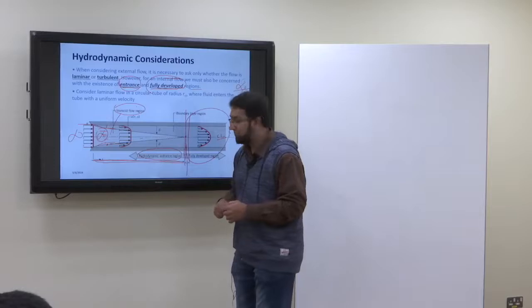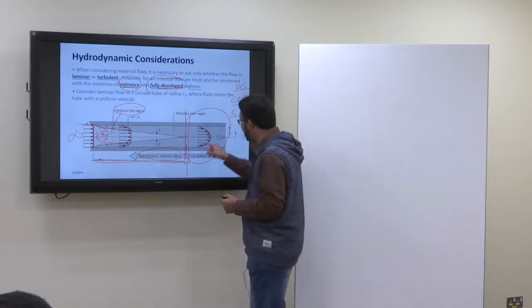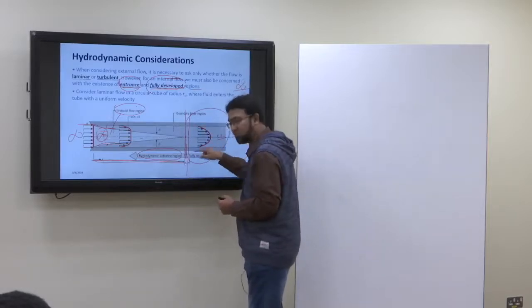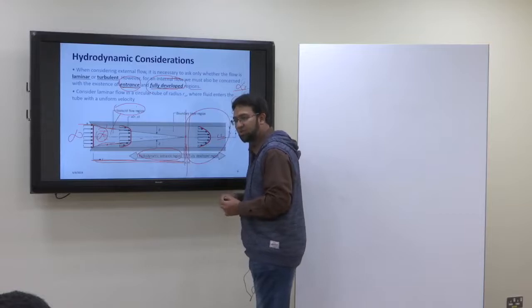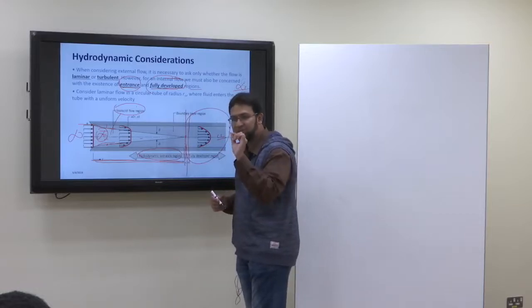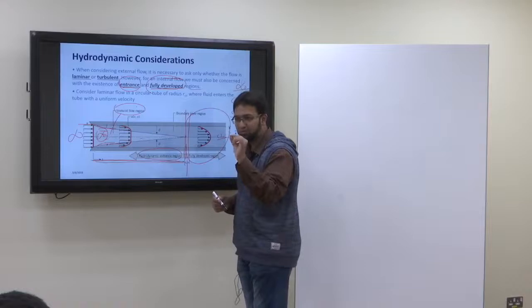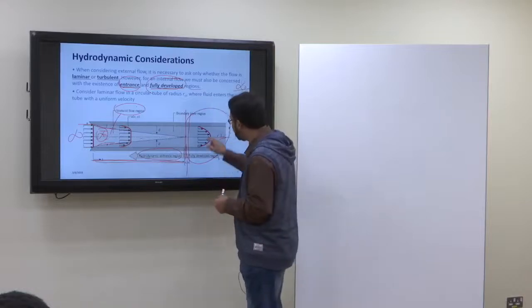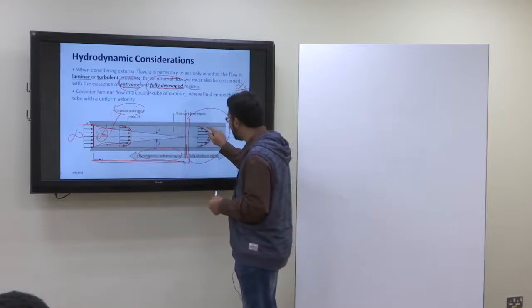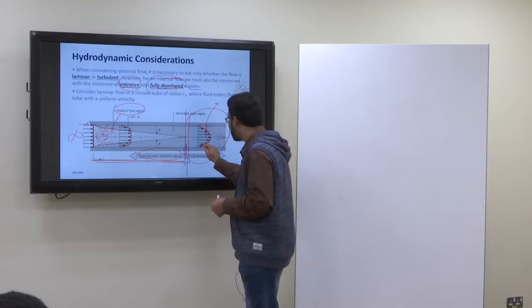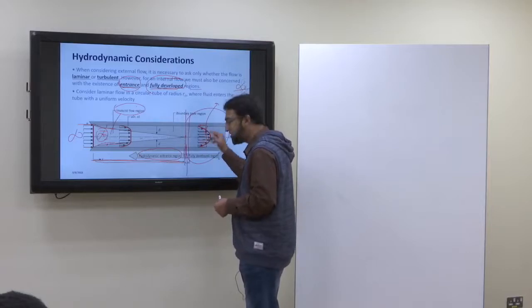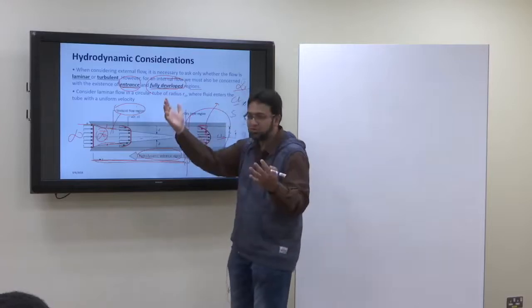Since we have a velocity variation, but most of the time we need a specific velocity at a point, what we do is take the mean velocity. The mean is a specific velocity which can be assumed to be constant throughout; it's an assumed velocity.